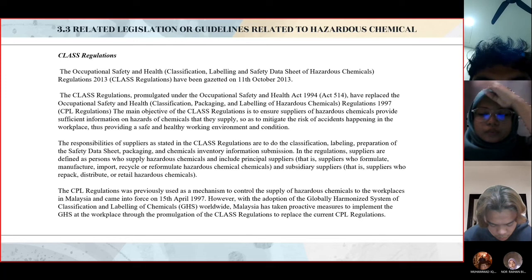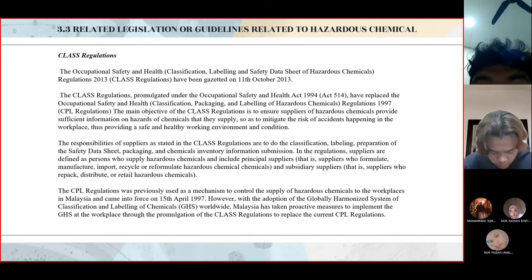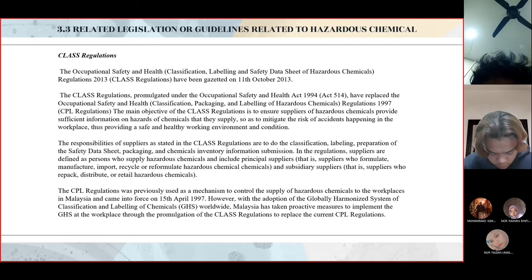The CLASS Regulation, promulgated under the Occupational Safety and Health Act 1994, Act 514, has replaced the Occupational Safety and Health (Classification, Packaging and Labelling of Hazardous Chemicals) Regulations 1997, the CPL Regulation.